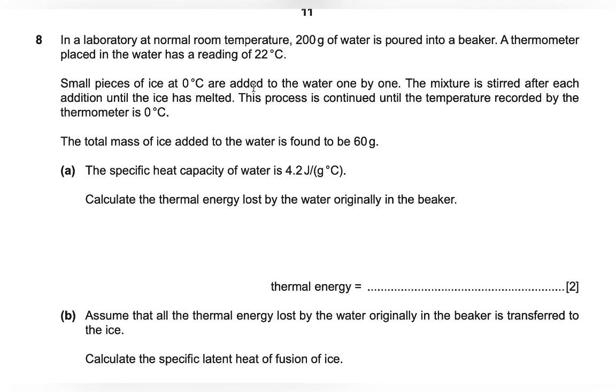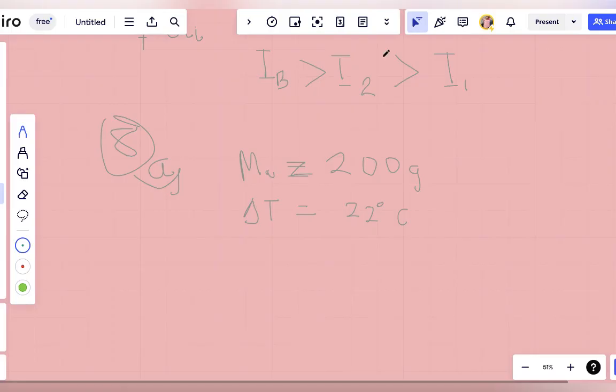Now the total mass of ice added to the water is found to be 60 grams. So mass of ice, MI, is equal to 60 grams.